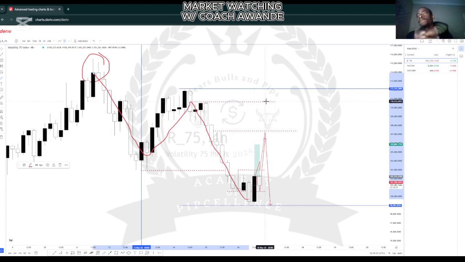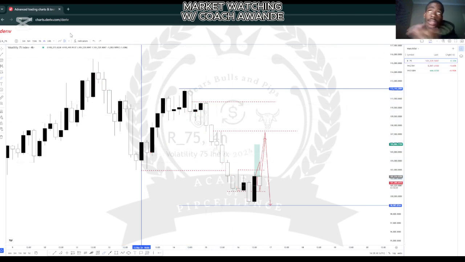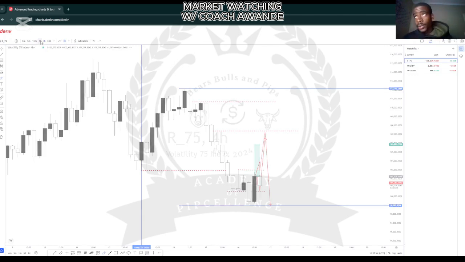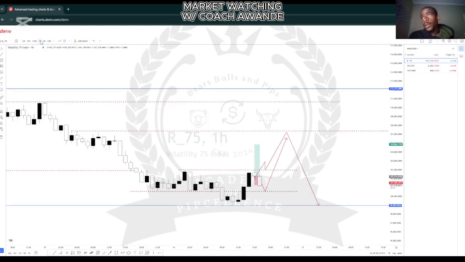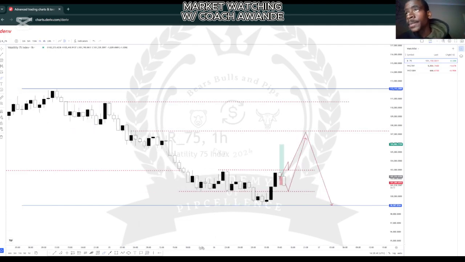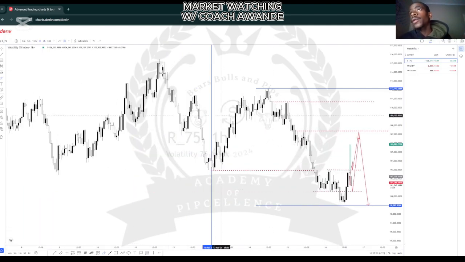But then again, that did not play out, or maybe it didn't play out in the time that we had expected, because as you just witnessed a couple seconds ago, we got stopped out by virtue of the continuation of the bearish trend that was already established. So you saw on the 4-hour time frame that we had that expansion, then the retracement.